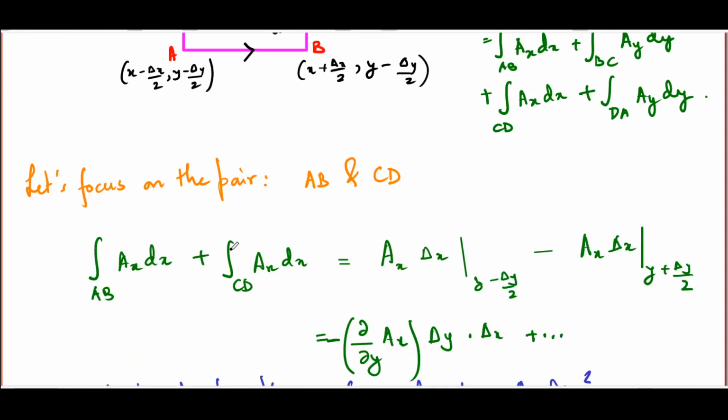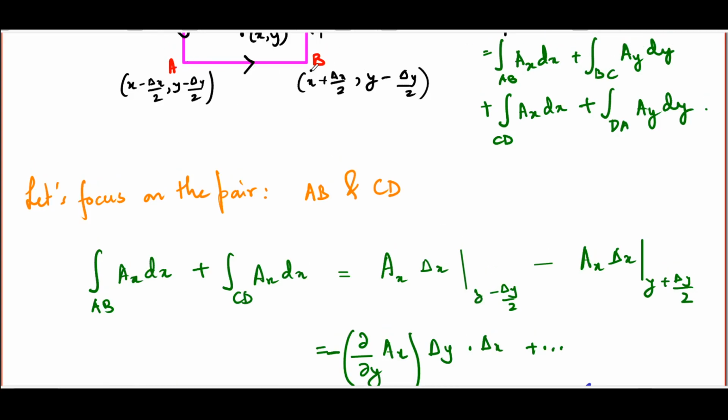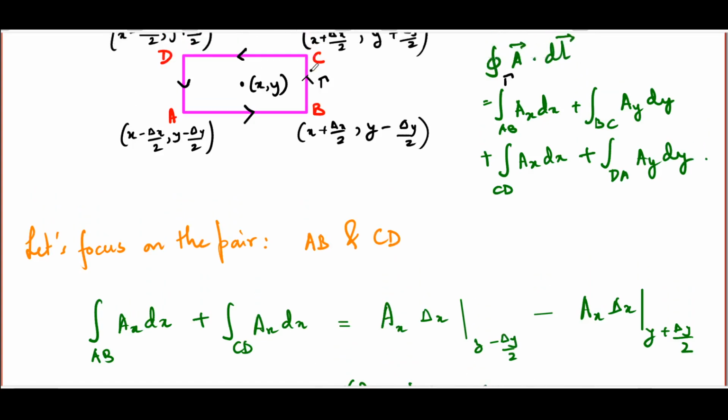The contribution to the circulation from these two sides is simply Ax Δx at y held at y minus Δy by 2, that is for the side AB. And Ax Δx with a minus sign, remember, it's a decreasing x that you have here, with y held at y plus Δy by 2.